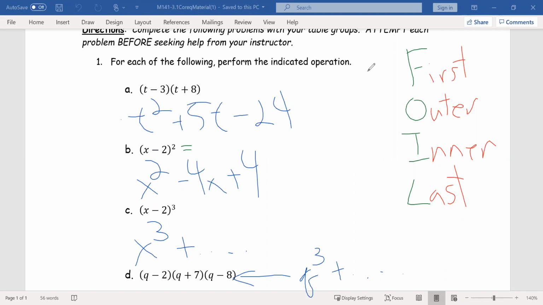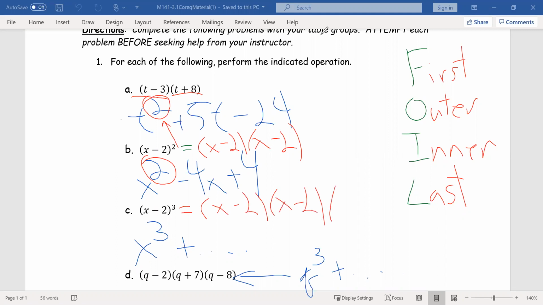What I want us to notice is that when we had two terms, the highest power we ended up with in our answer was a squared. Here, x minus 2 squared really meant x minus 2 times x minus 2, and again, we ended up with a squared. Here we had x minus 2 times x minus 2 times x minus 2, which gave us an x to the third as our highest power.